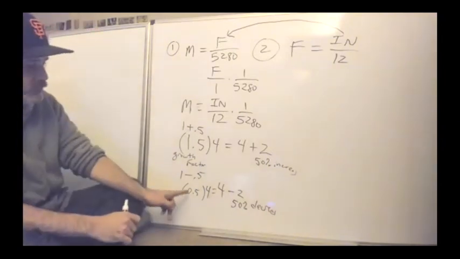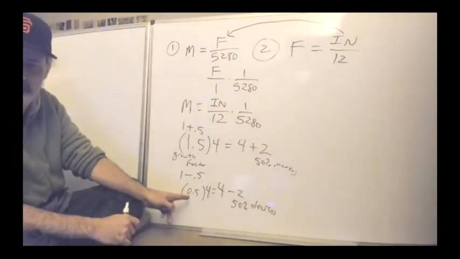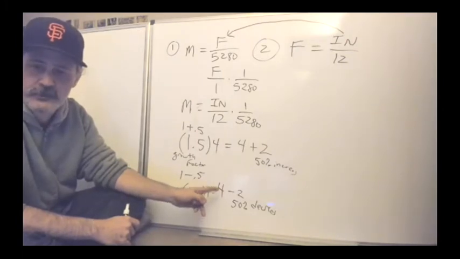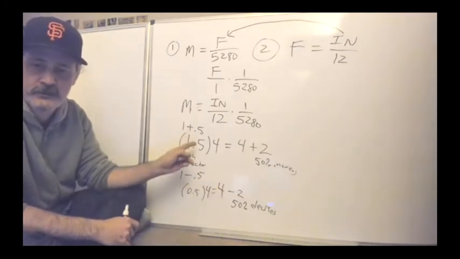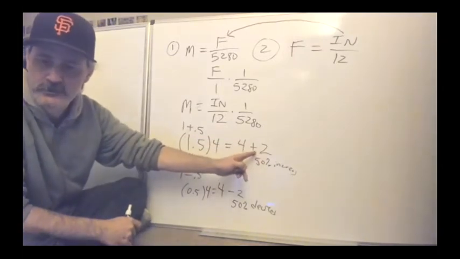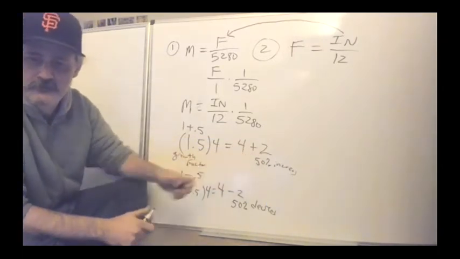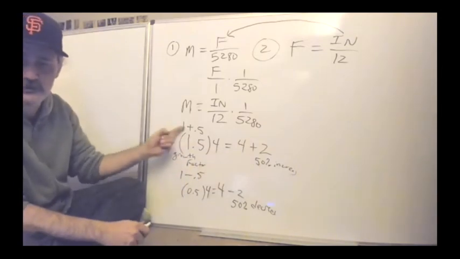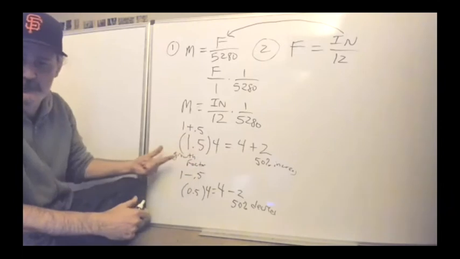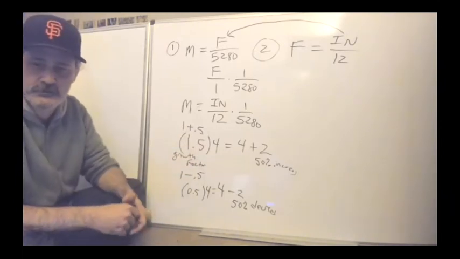And so if we multiply by 0.5, that's the same as decreasing the 4 by half, by 50%. If we multiply by 1.5, that's the same as adding half as much to the original 4. All right, so we use growth factors. This is a lot easier. We can just multiply one number, and we can just keep multiplying every time we have an increase or decrease.